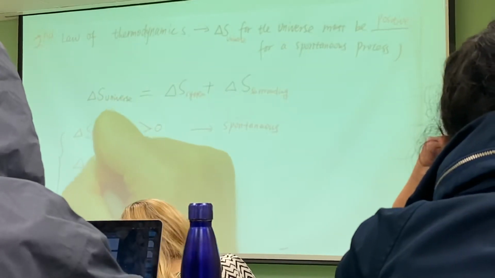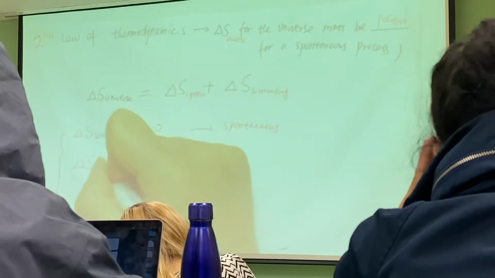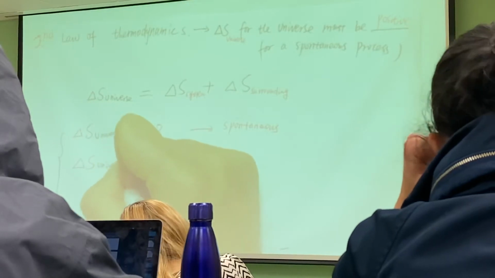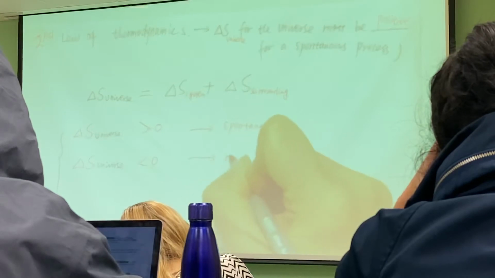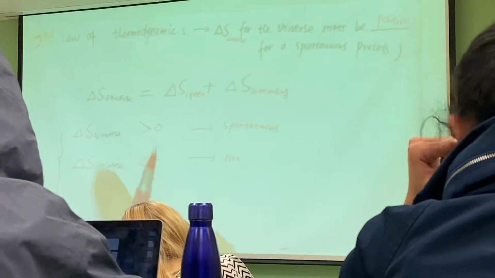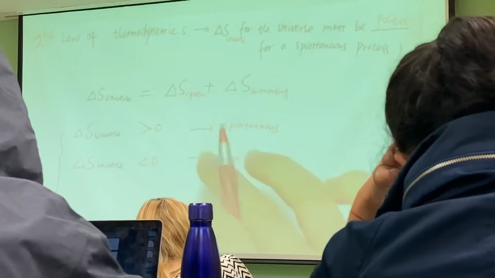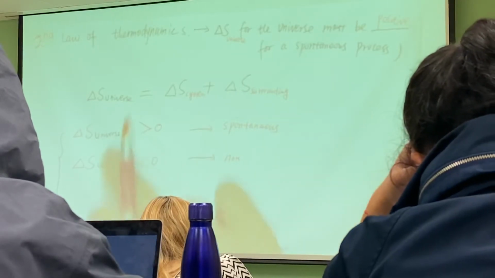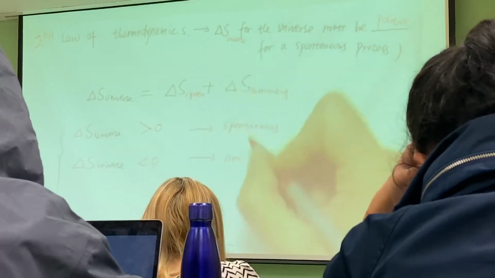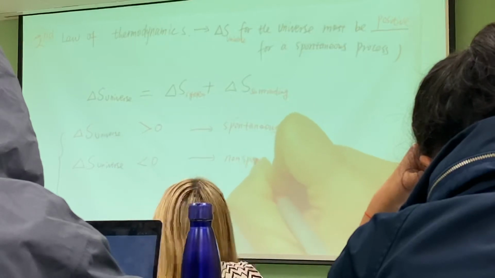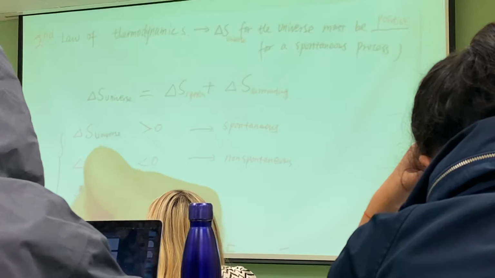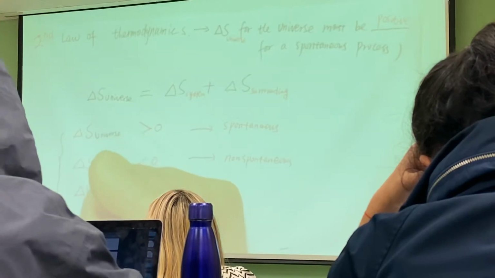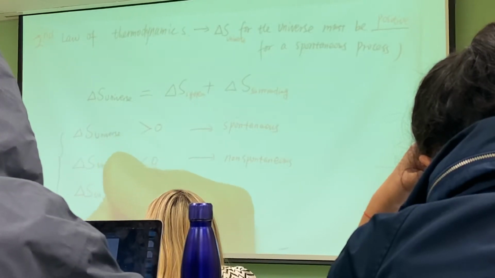If the delta S universe is a negative number, of course it's non-spontaneous, but it can happen, it exists. So unlike delta E, which is always there, here it can be positive or negative, non-spontaneous. Okay? For the second law, we talk about the universe.